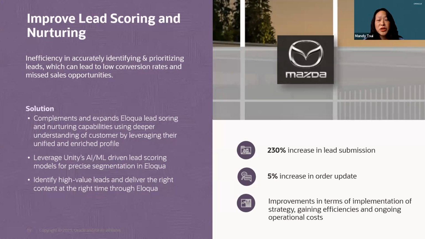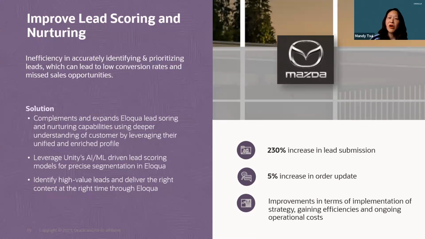What they wanted to do was to deliver a seamless and personalized experience as the customers were engaging with them through the digital experience. But they were seeing low conversion rates and missed opportunities because they were unable to accurately identify and prioritize their leads. So they chose to leverage Unity and Eloqua to help them achieve this.